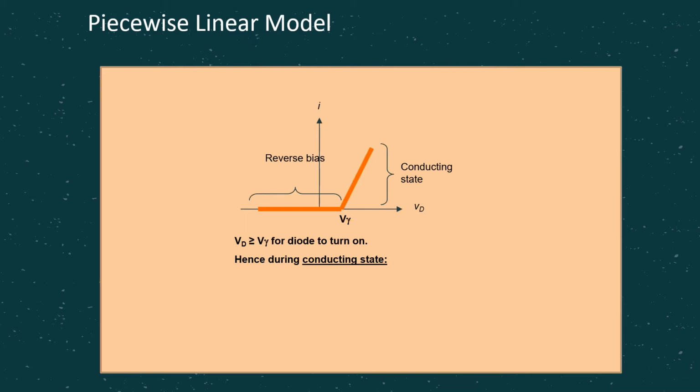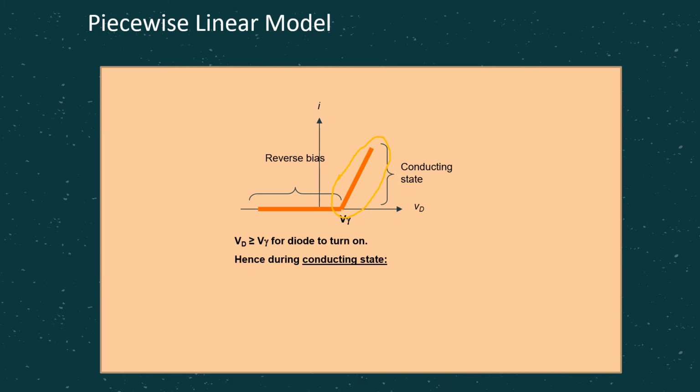Talking about the third model, which is the piecewise linear model, this time, as you can see from the IV characteristics, instead of having just a vertical line, the line now has a slope. Meaning, once the diode is on, whenever the diode voltage is increasing, the diode current is also increasing.